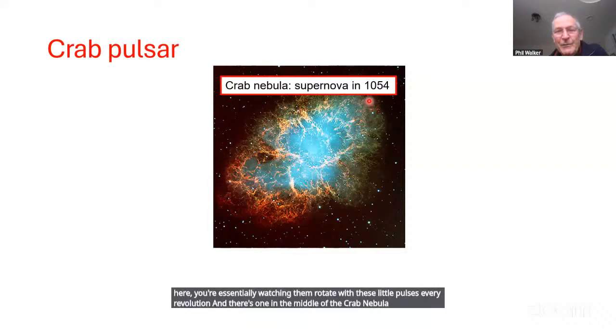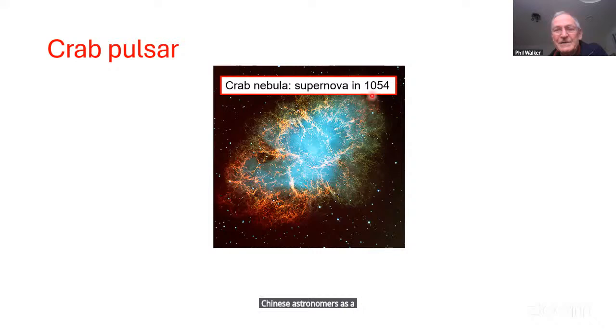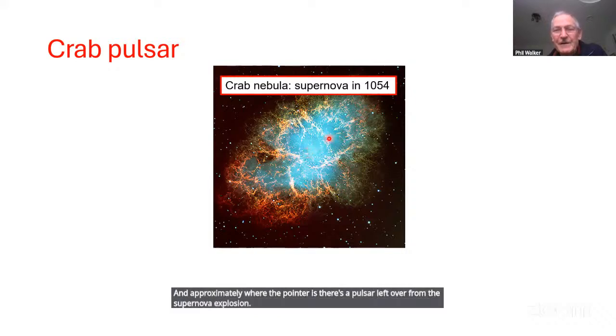So you may well be aware that the Crab Nebula was observed by Chinese astronomers as a bright object in the sky in 1054. It would be wonderful to see such a thing today. And approximately where the pointer is, there's a pulsar left over from the supernova explosion of 1054.